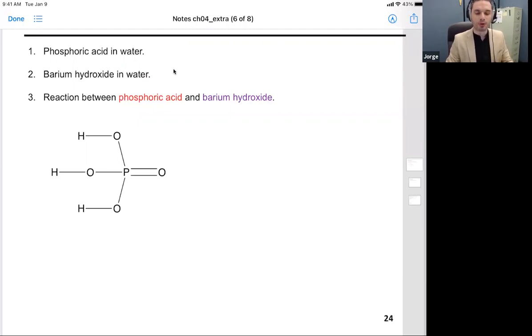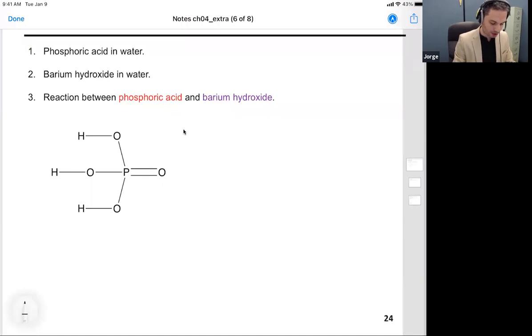For some reason, your textbook shows the concepts in a weird order, and I cannot talk about structure at this point because that will show up in chapter number 8. But for now, let's just take a look at the structure of phosphoric acid to try to make sense of what happens when we dissolve phosphoric acid in water.